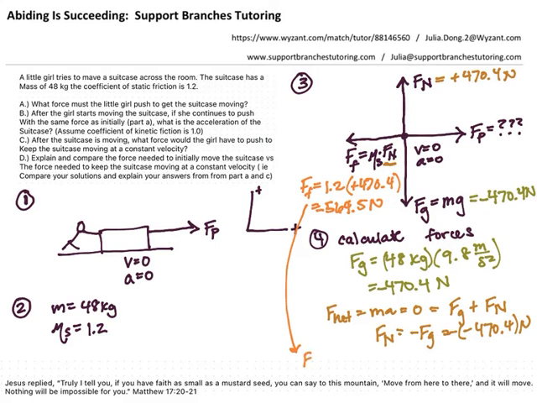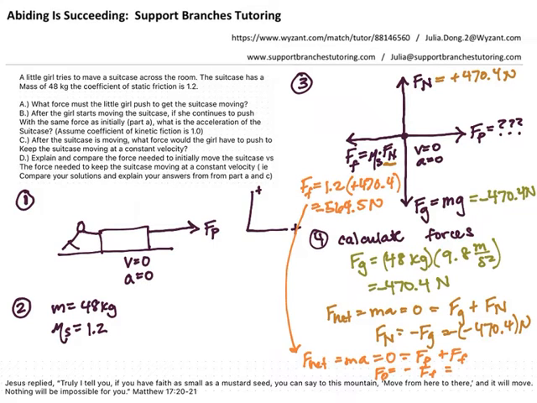We also know that F net, again, equals mass times acceleration, but this time we're talking about the horizontal direction. And we have no acceleration, so we know that that equals 0. And so that means that the push plus the force of friction has to equal 0. If we solve for the push, we're going to get the push is negative the force of friction.